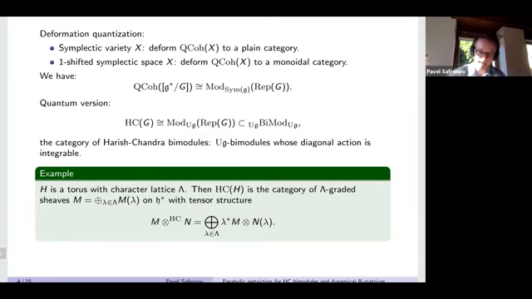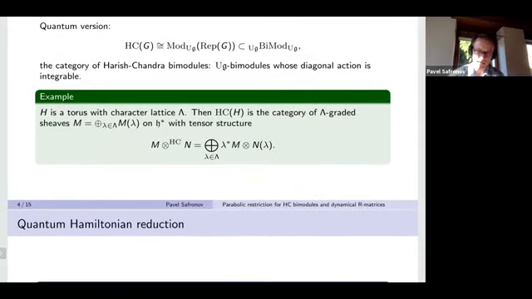So if you have N of lambda, which is concentrated purely in weight lambda, then the tensor product means you shift the first module M by lambda. So you just have translations on the Lie algebra dual, and then use the usual tensor product in quasi-coherent sheaves. Okay, so it involves some kind of shift. And this is a shift that will be relevant for dynamical R-matrices later.